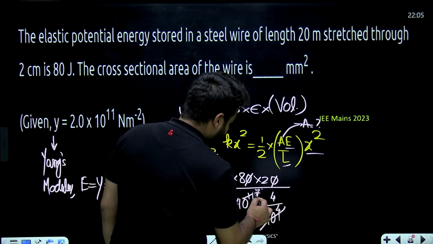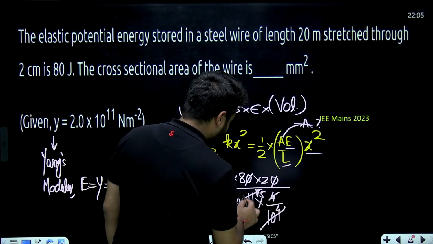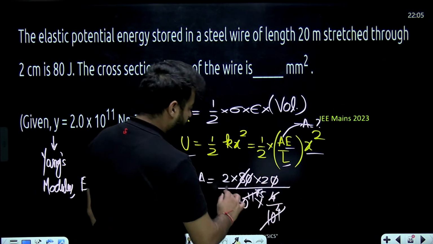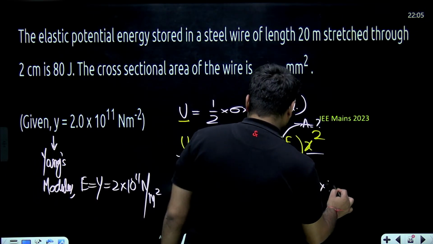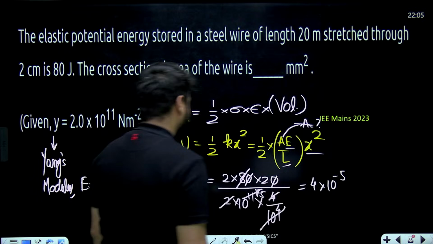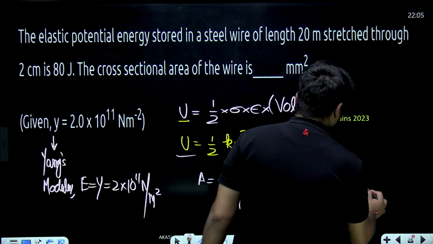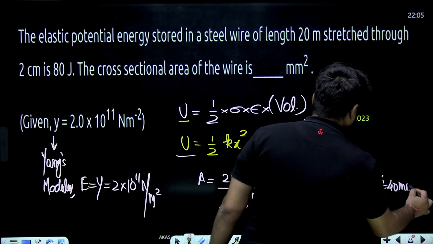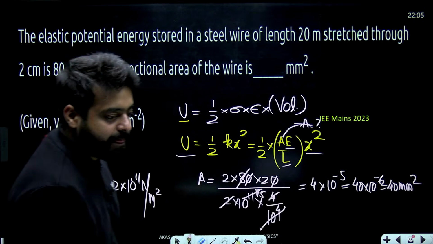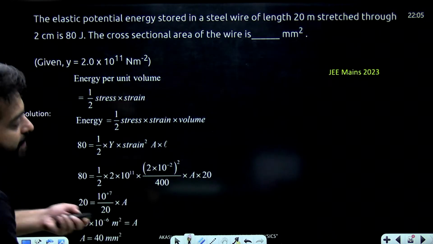These 2 will be gone, so it becomes 10 power 5. 4 with this 2 will be gone and make it 8 as 0. 2 into 2 is 4, so 4 into 10 power minus 5. So you can say mm square they want, so you can say 40 into 10 power minus 6 or 40 mm square. Done. And start solving the problem also till the end, because that's your practice, not my practice.